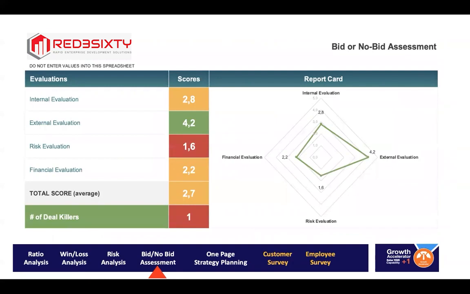We'll also provide you with a bid no bid framework, which allows you to look at RFPs, tenders, and opportunities, and based on the company's strategy, evaluate both internally and externally, so that based on a financial valuation, there is a go, no go for the bid that we are pursuing.